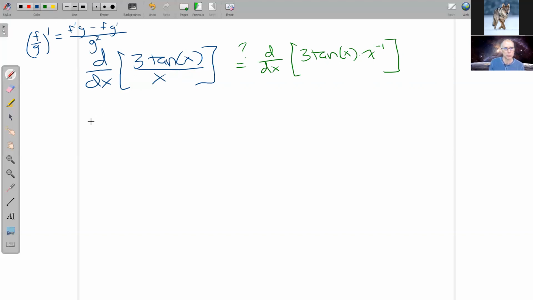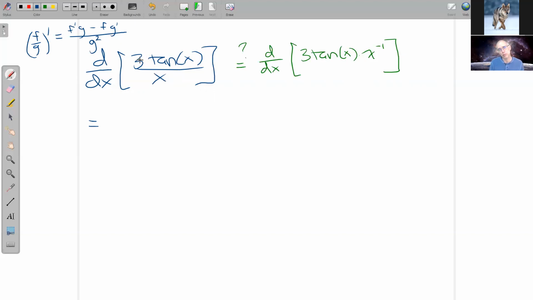So applying that to this blue thing here, the derivative of the tangent, anybody remember that one? Derivative of the tangent, good one to have memorized. Come on, yeah, nailed it, Evan, secant squared.